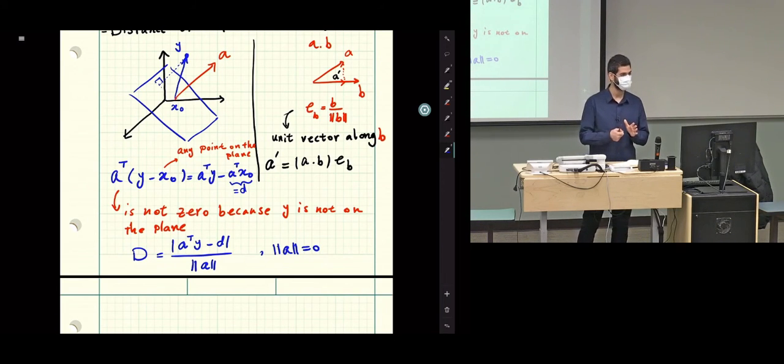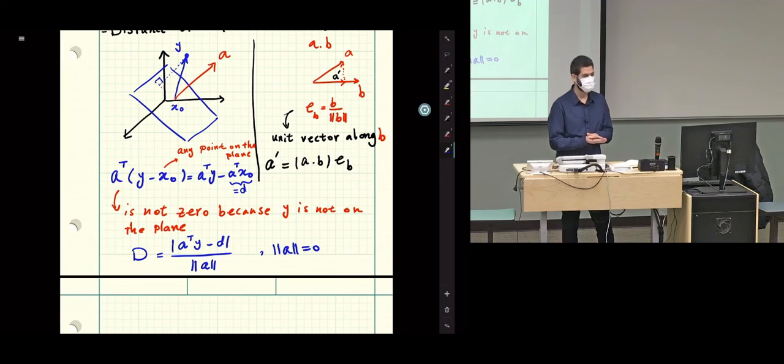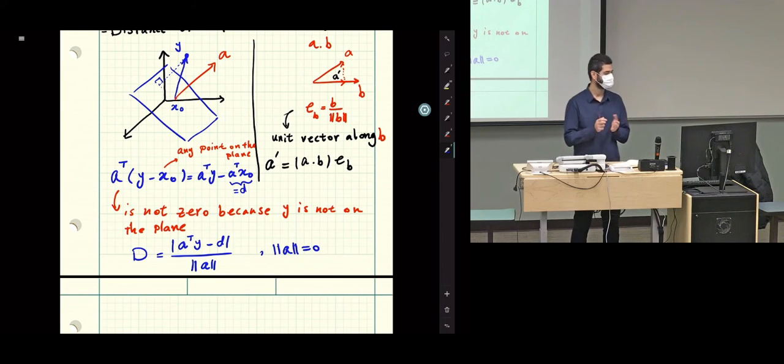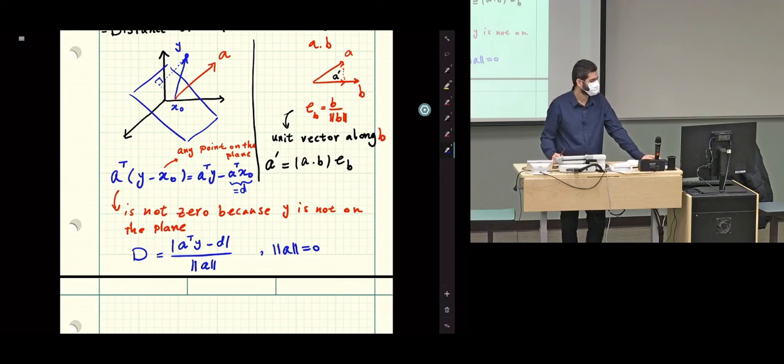I'm going to subtract that because I want to know the distance relative to the plane, not the origin. So A dot Y minus D is the distance to the plane. Now I'm taking the absolute value to make it magnitude. It could be negative, depending on which side of the plane you are. And then I divide it by the norm of A to make sure I'm not scaling it, because then that's not going to be correct.